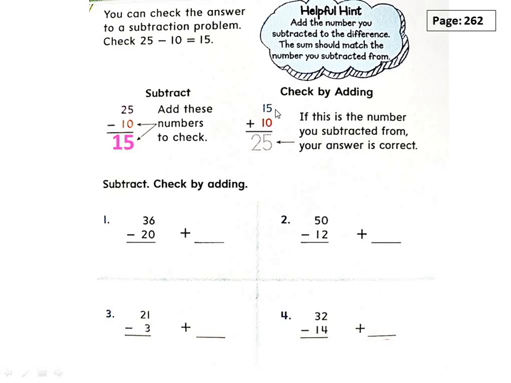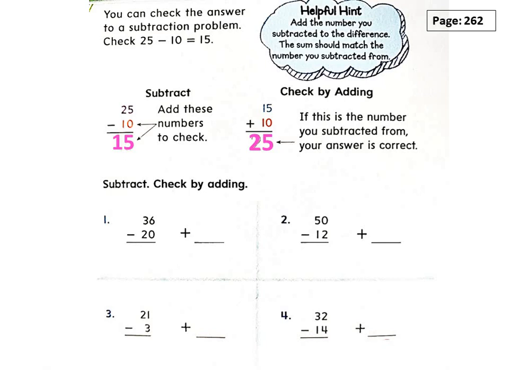Let's add them. 5 plus 0 equals 5 and 1 plus 1 equals 2. So the sum is 25. We get the same as the whole here. Interesting. So we know that our answer here is correct. The difference between 25 and 10 is 15.